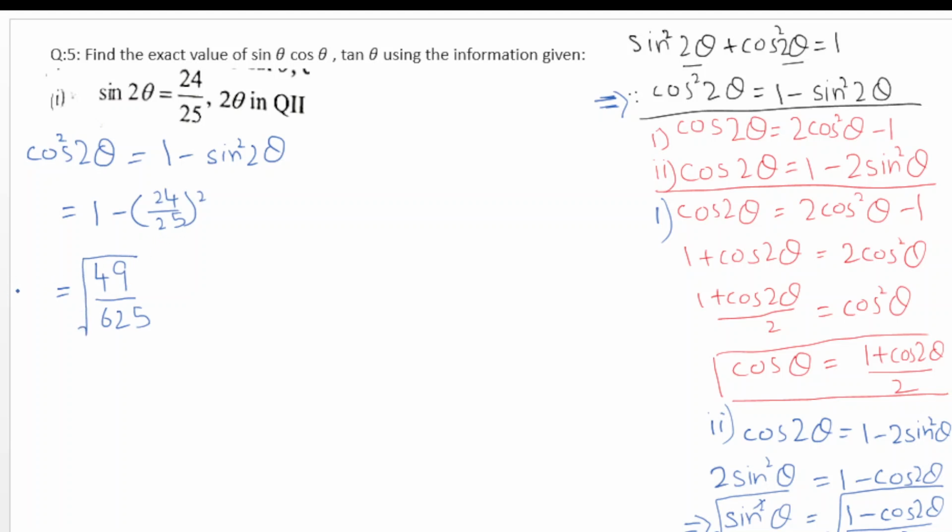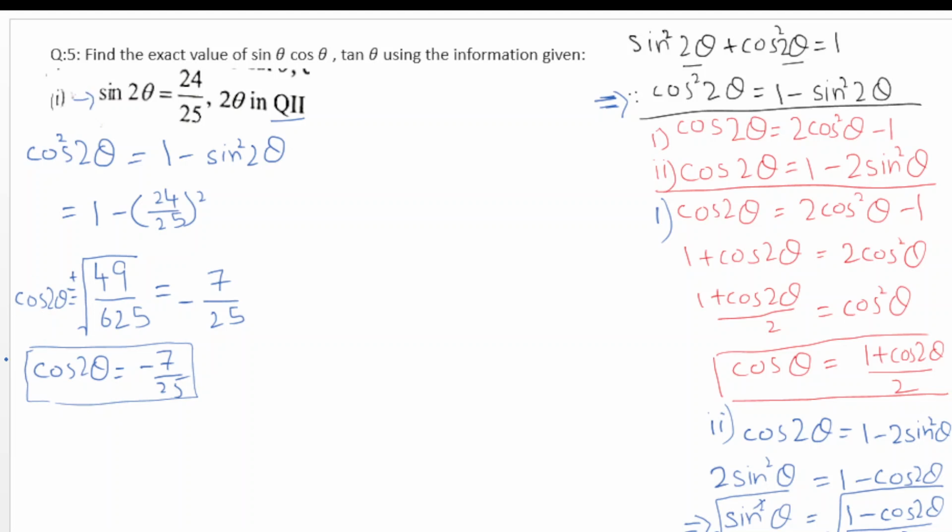In the same step I took the square root of cos square. So here cos 2 theta will be equal to plus minus 7 by 25. Since 2 theta is in the second quadrant, and in the second quadrant cos is negative, we will get cos 2 theta equal to negative 7 by 25. So you understand this. Okay.